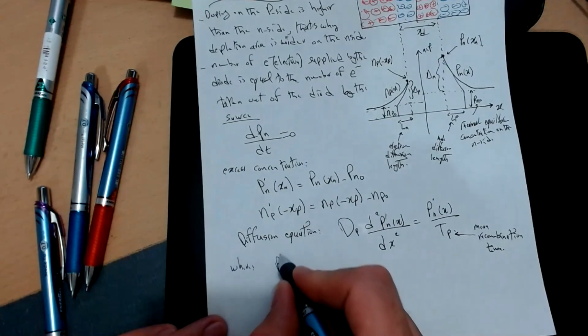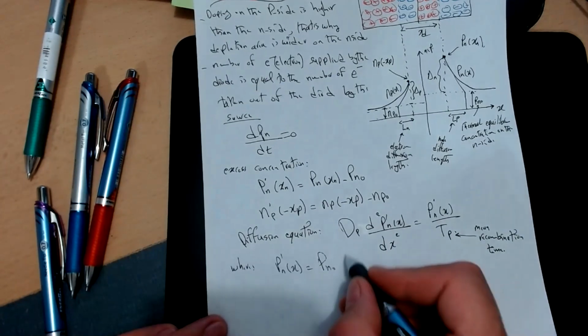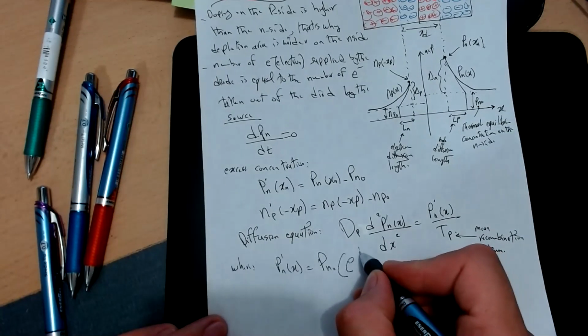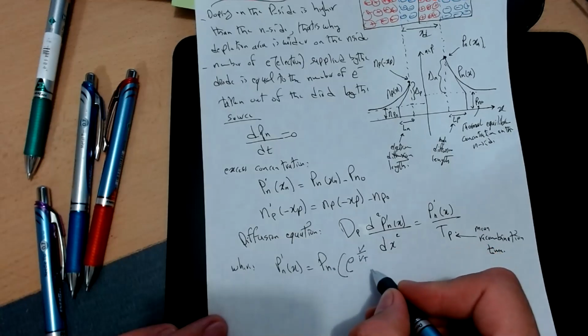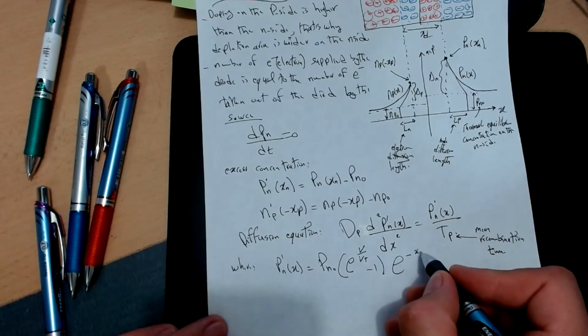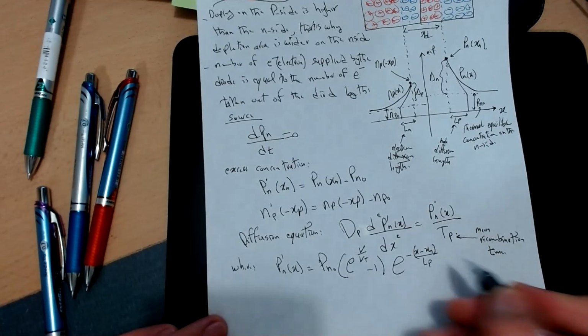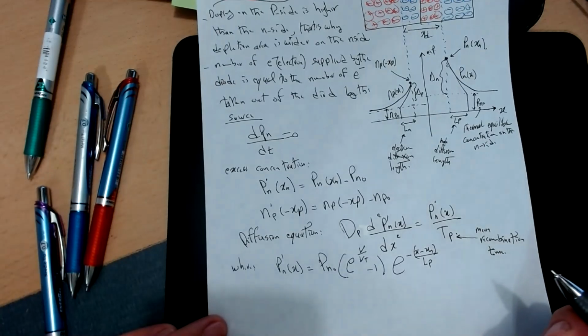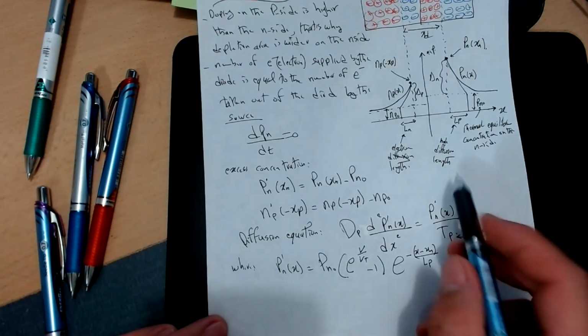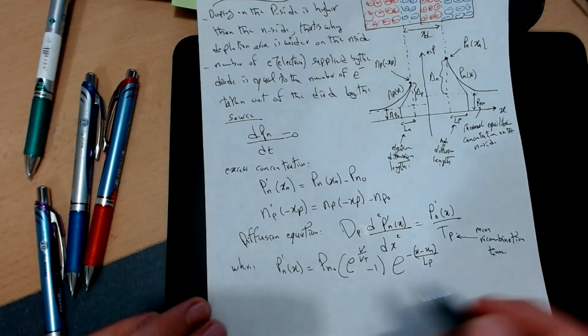And we have pn of x equal to pn0 times e to the V over VT minus 1, times e to the negative x minus xn divided by Lp. Lp is the hole diffusion length on the n side.